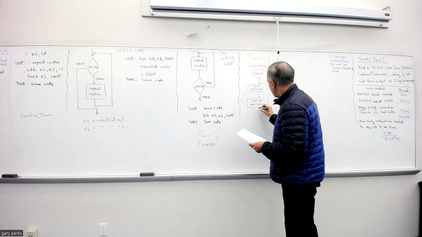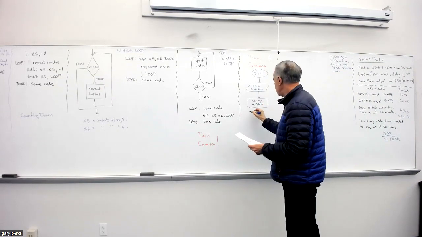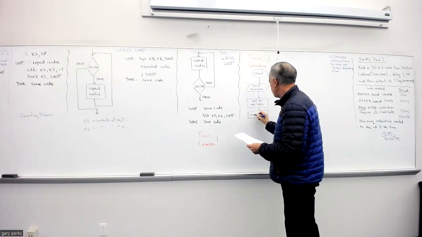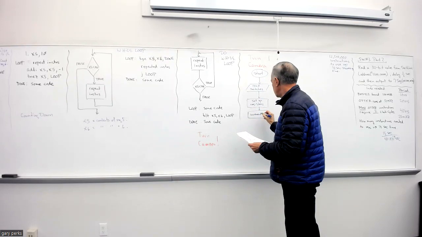Okay, so then the next thing I have in my flow chart, before we go into the loop, is to increment the counter by 1.